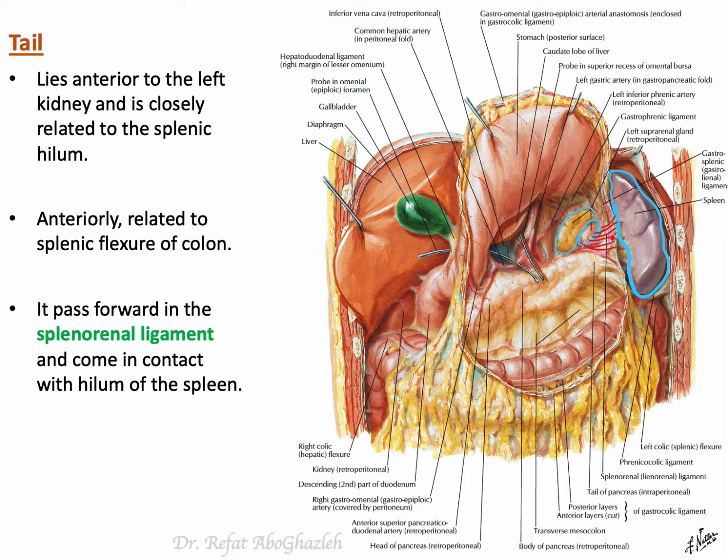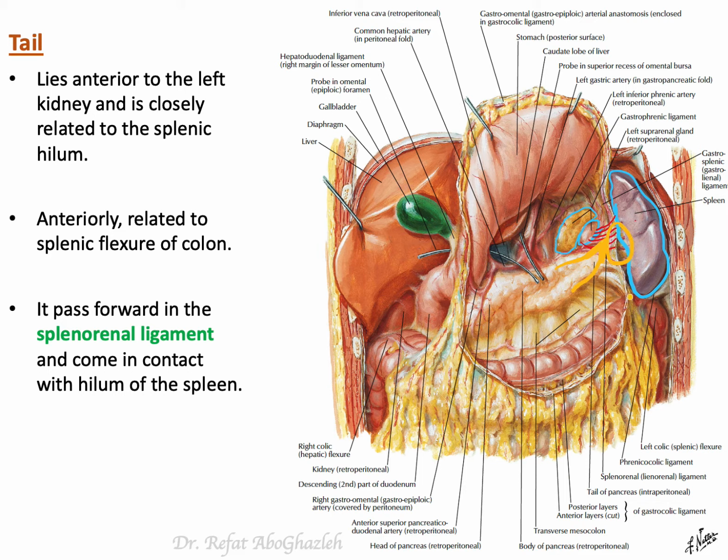This ligament, which is a thickening of peritoneum, is known as the spleno-renal ligament or lieno-renal ligament. It's up to you. The spleno-renal ligament between the spleen and left kidney includes the tail of pancreas. So this is the tail of pancreas that is lodged in the spleno-renal ligament, and it's very close to the hilum of the spleen, as you see.